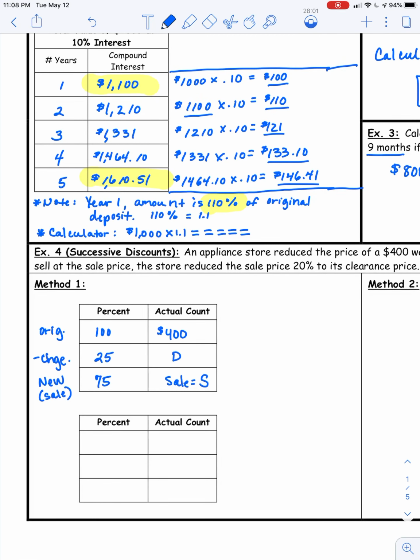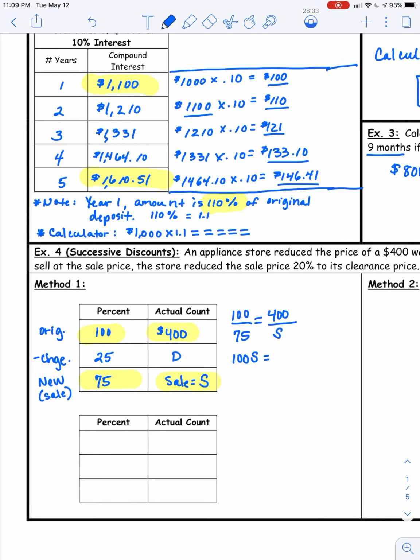All right, so we're going to go ahead and solve for the sale price here. We're going to set up our proportions, 100 over 75, and keep in mind, if I'm looking for the sale price, I have to use this as part of my proportion, and then I find where I have numbers in both of the columns, and that would be my original information up there. So I set it equal to 400 over S. I do my cross products here.